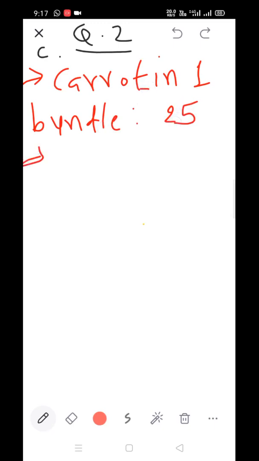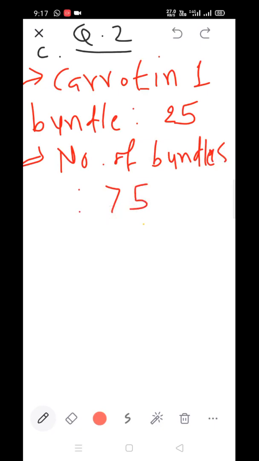Secondly, number of bundles tied by the farmer, that is the 75.